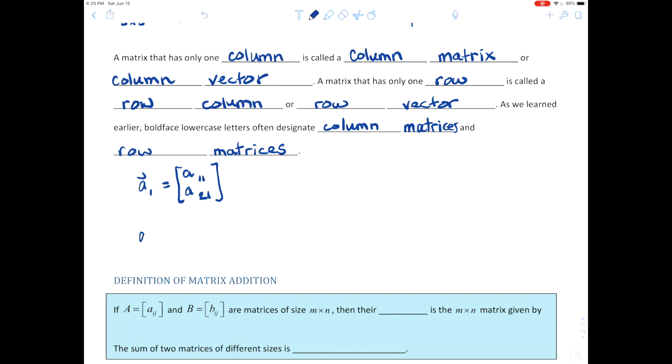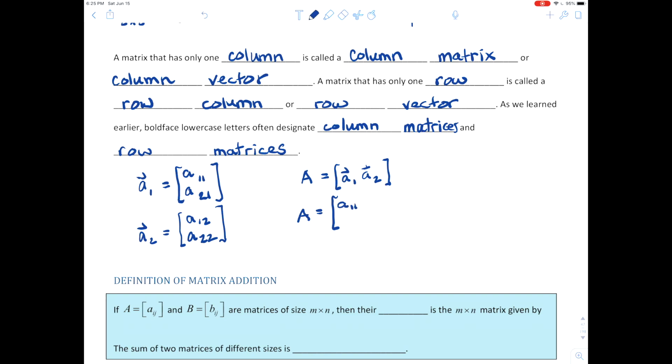And suppose we also have this column matrix A2, that would be A12, A22. And suppose we wanted to adjoin these matrices. So you'd have something that looked like this: some capital A is equal to the column matrix A1 and the column matrix A2.